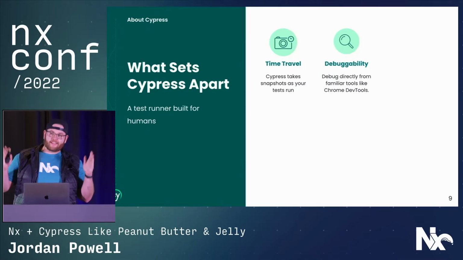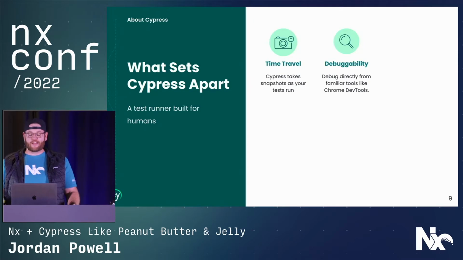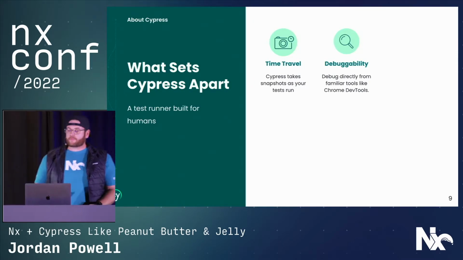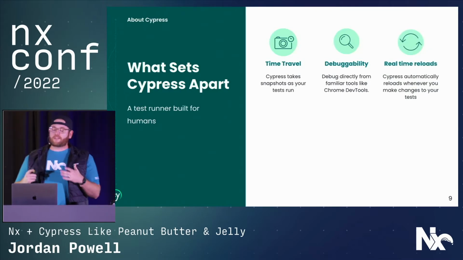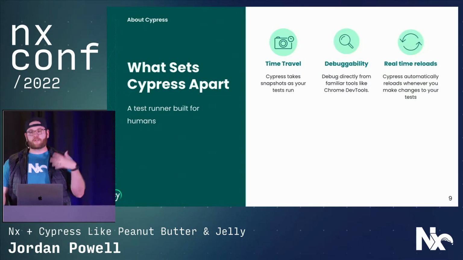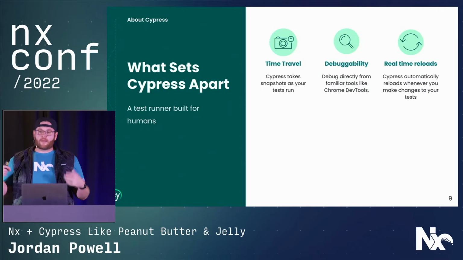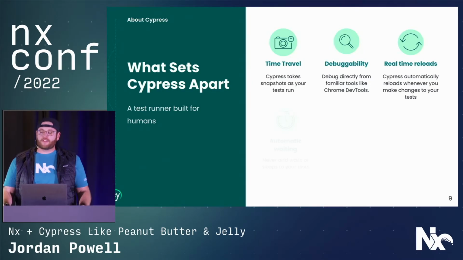You know, we like to console log statements sometimes as JavaScript developers, as well as all the other tools you use. You also get real-time reloads, so as you make changes to tests and hit save, Cypress automatically pre-processes that and reruns, and you get a very quick, instant feedback loop, which, as a developer, always improves the experience.